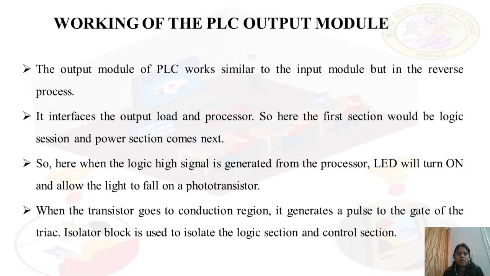So here when the logic high signal is generated from the processor, the LED will turn on and allow the light to fall on a phototransistor. When the transistor goes to the conduction region, it generates a pulse to the gate of the triac. The isolator block is used to isolate the logic section and control section. Okay, understood. It is just the reverse operation of your CPU. Understood?